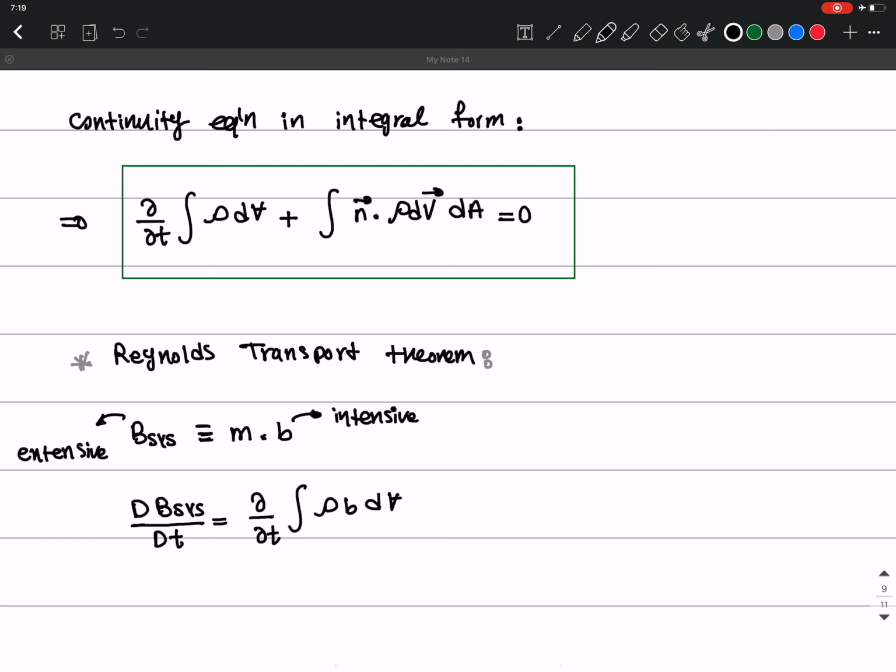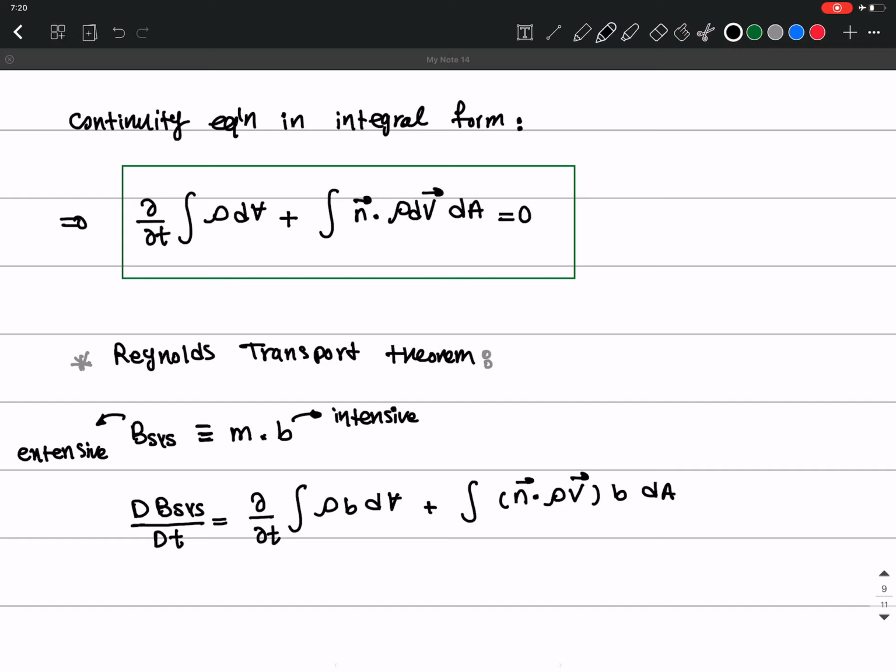So the Reynolds transport theorem states that dB system over dt, which is the material derivative of B system, equals to partial over partial t of the integral of rho small b times dV plus the integral over the surface of that control surface, the surface of that control volume, of n dot rho v b dA.